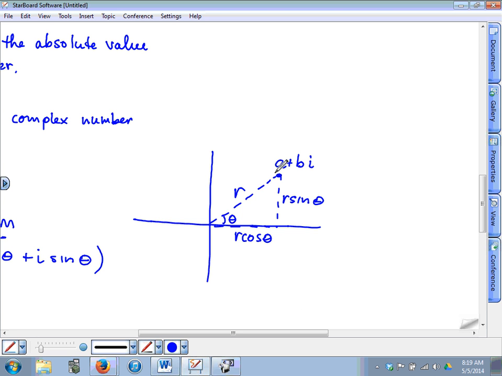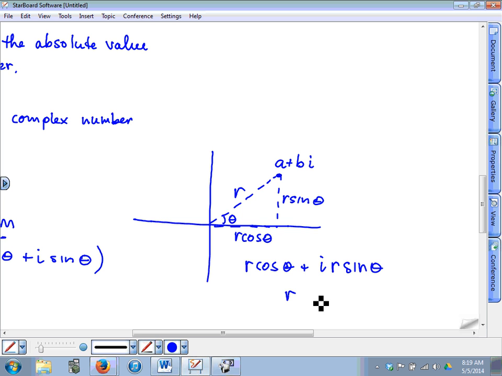Now, to describe the location of a complex number, you have to combine the real part with the imaginary part. That's why it's a plus bi. But if the horizontal component is just r cosine theta and the vertical component is r sine theta, then in polar form this is going to be r cosine theta plus, and the vertical component has to have that i combined to it, so it's i r sine theta.